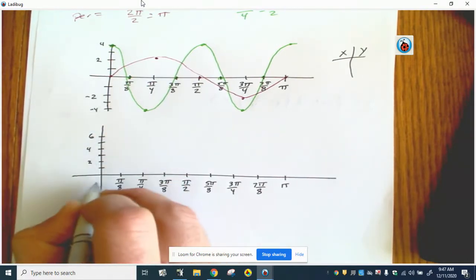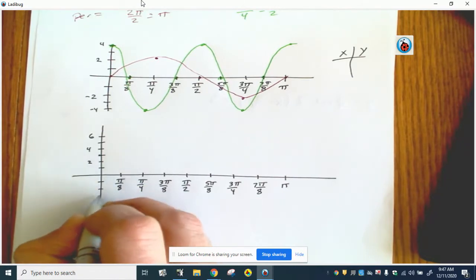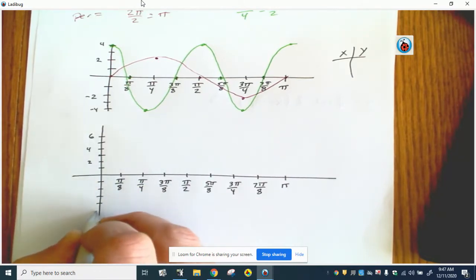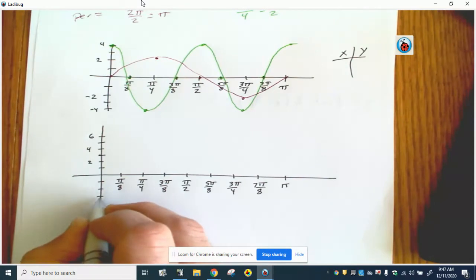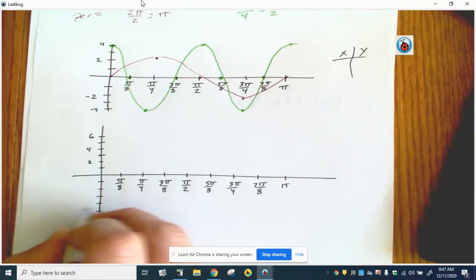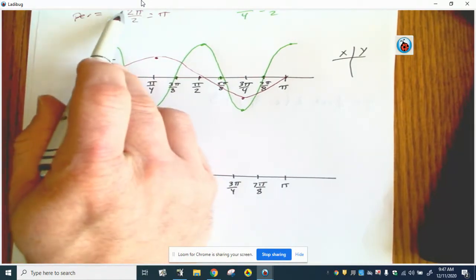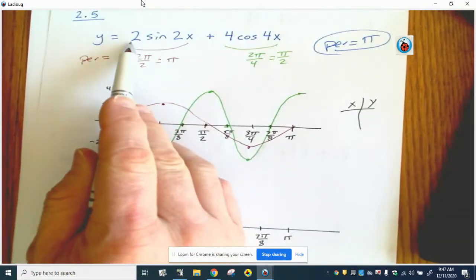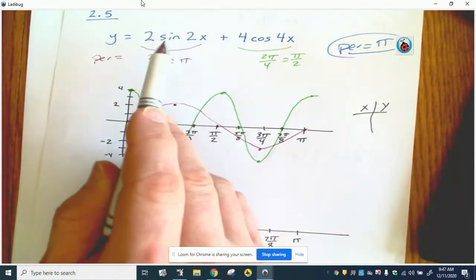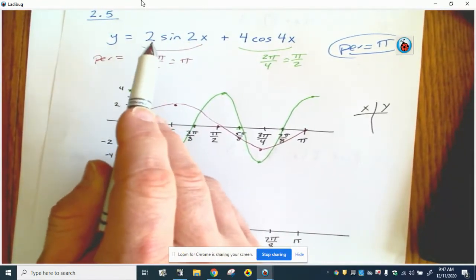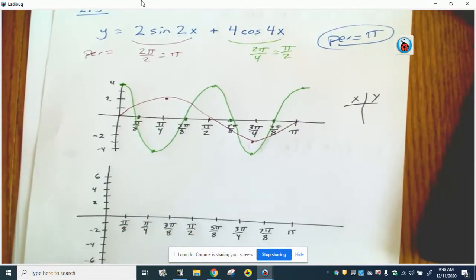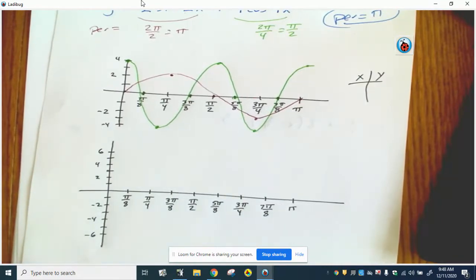The reason I'm going up and down to 6 is if you look at your two amplitudes, this one has an amplitude of 2, and this one has an amplitude of 4. If they do happen to peak at the same time, we have the potential of getting to 6.